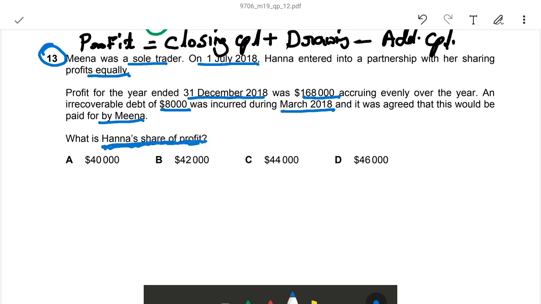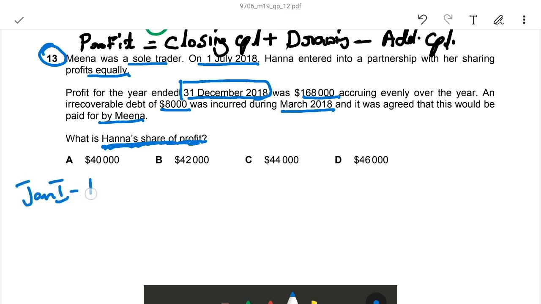Hannah's share of profit. So first, Meena was a sole trader. On 1st July 2018, Hannah entered into the partnership business. But the business year ends in December 2018. If it ends by December, when did it start? January 1st.